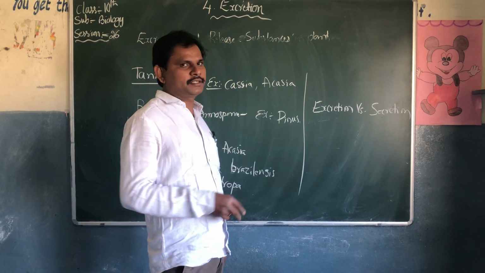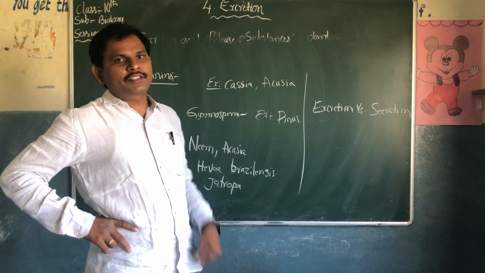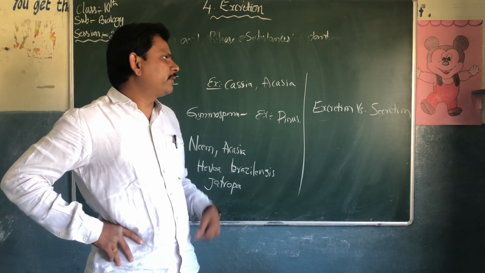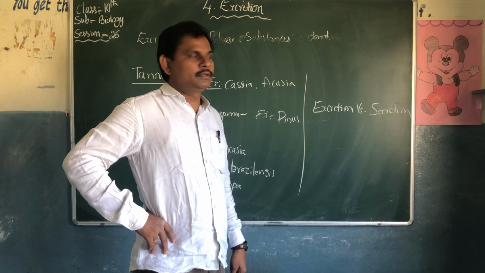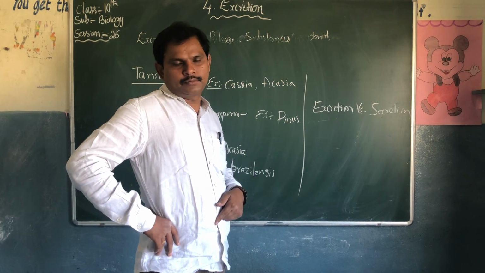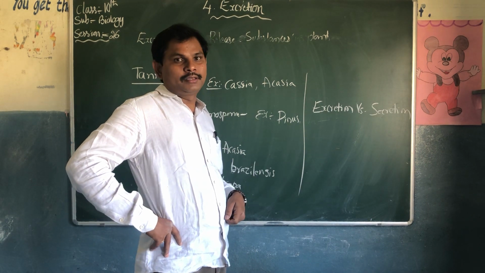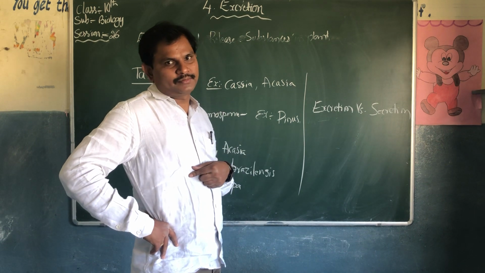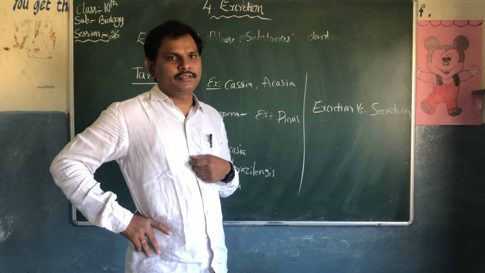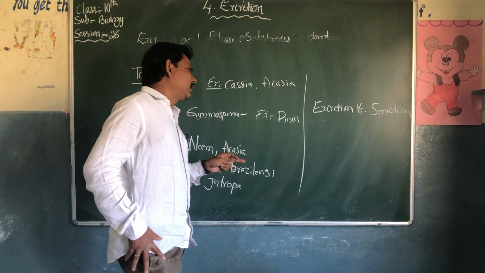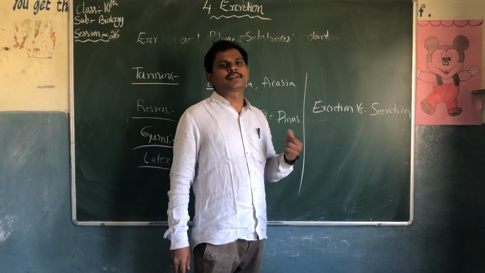Then what is secretion? Is saliva excretion or secretion? Saliva is secretion. Enzymes are secretion. Hormones are secretions. Hydrochloric acid is secretion. These are the differences between excretion and secretion.